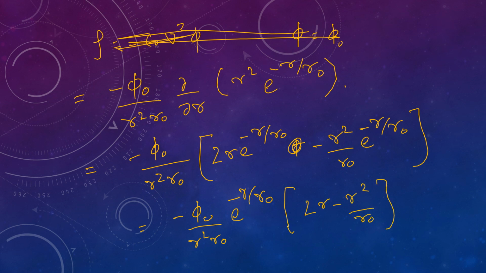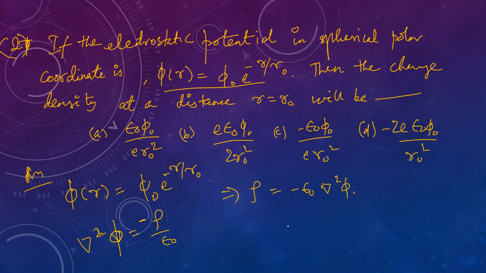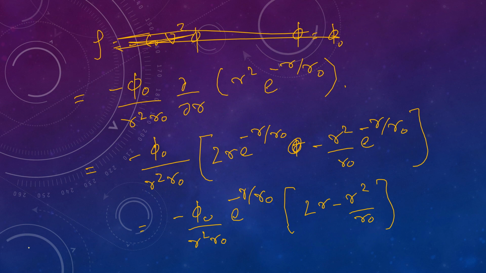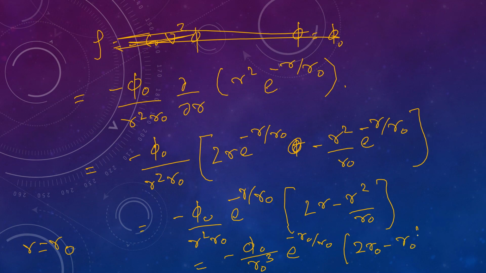We are asked in the question to find this at r equal to r naught. So everywhere put r equal to r naught: minus phi naught by r naught cube e to the power minus r naught by r naught times 2r naught minus r naught square by r naught. This is cancelled out.